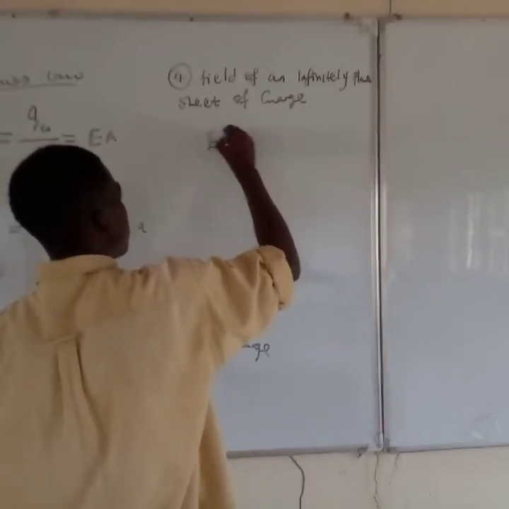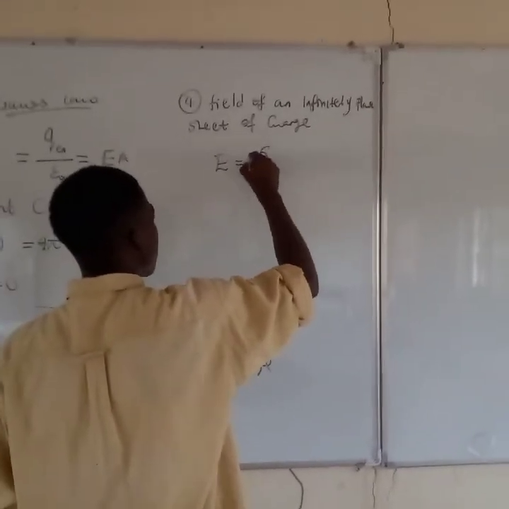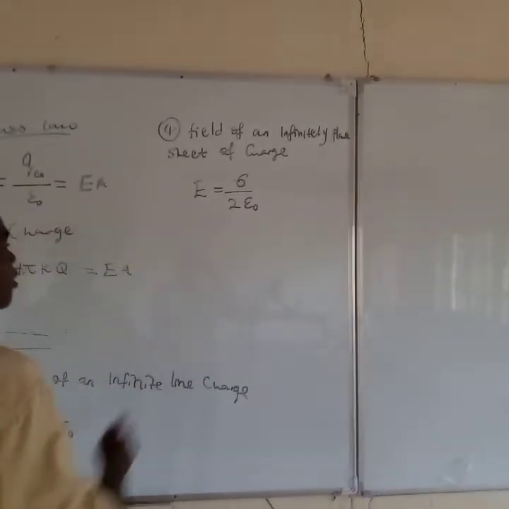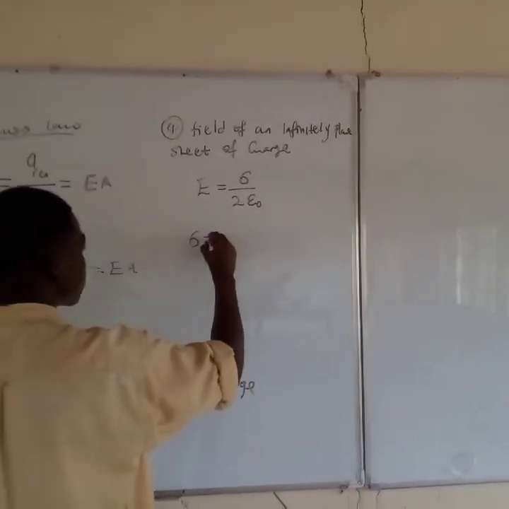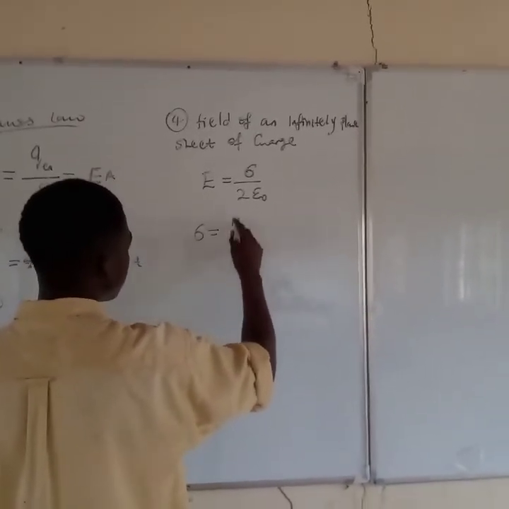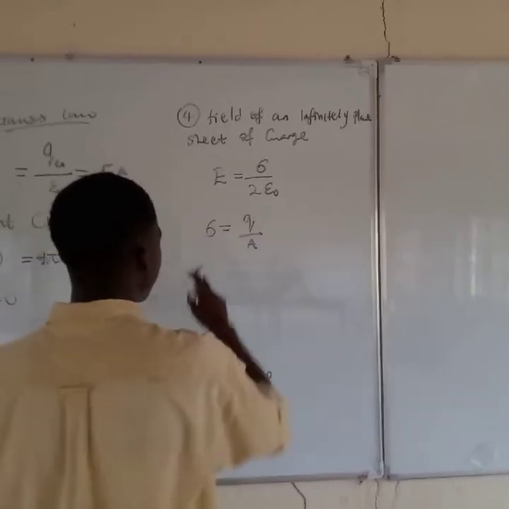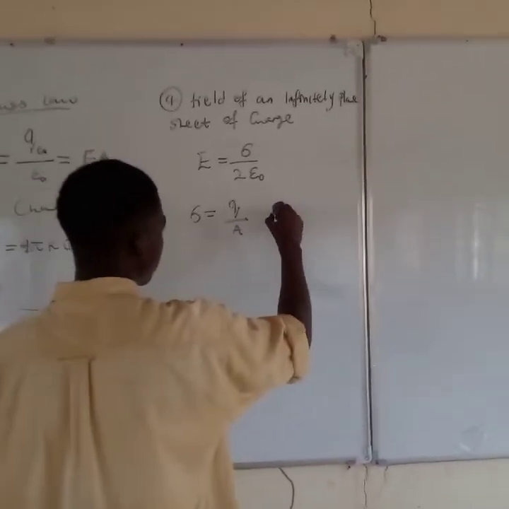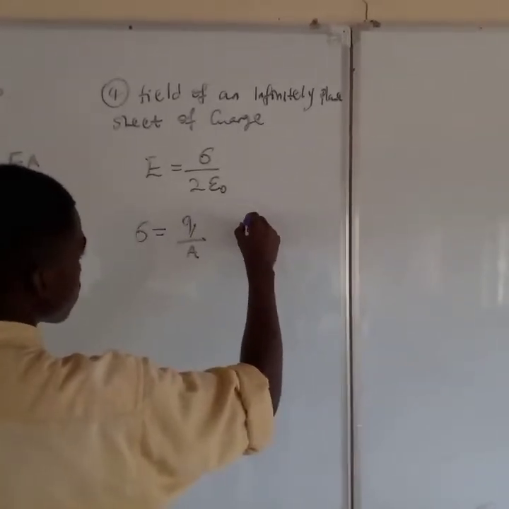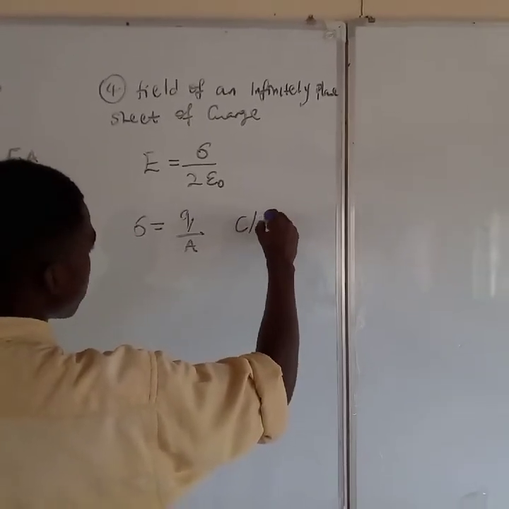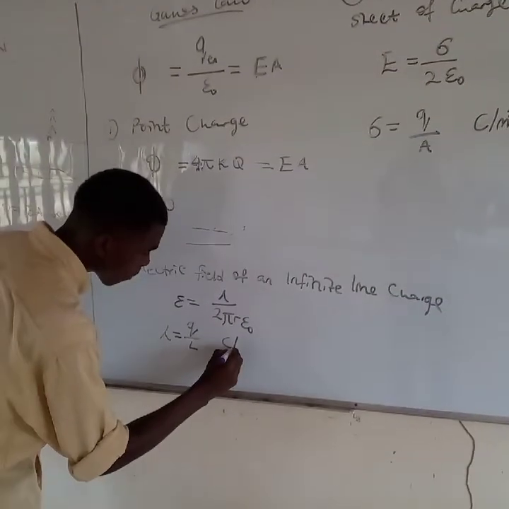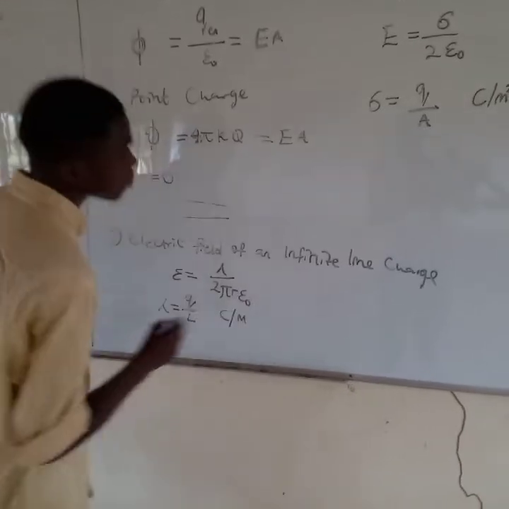It's given by E is equal to sigma all over 2 epsilon. Now, what is sigma? Sigma is called area charge density, which is charge over area. The unit for sigma is coulomb per meter square, while this one is coulomb per meter.